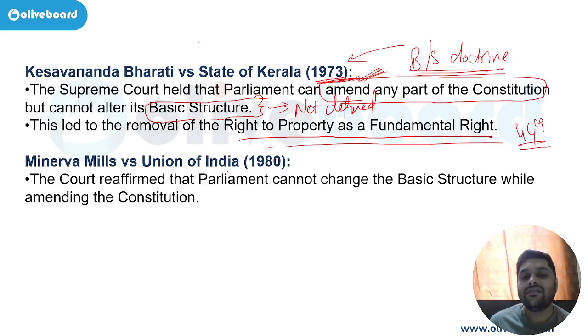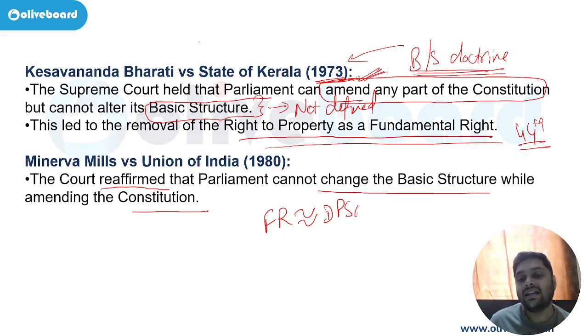Okay. In Minerva Mills versus Union of India, the court reaffirmed that Parliament cannot change the basic structure while amending the Constitution. So FR and DPSP go hand in hand, they complement each other. They are no more fighting with each other. Sometimes FR will be given priority, sometimes DPSP will be given priority.